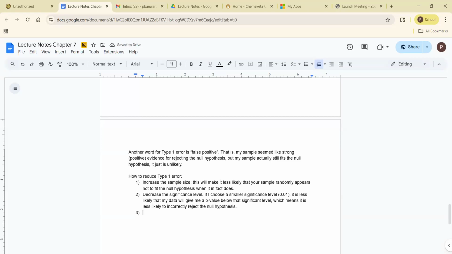And the third way to reduce type 1 error is to repeat the experiment. If I were to take, let's see, 20 different samples of 30 eggs, and each of those samples gave me a p-value below the significance level, then it is basically guaranteed, as close as you can get in statistics, that the null hypothesis is false.